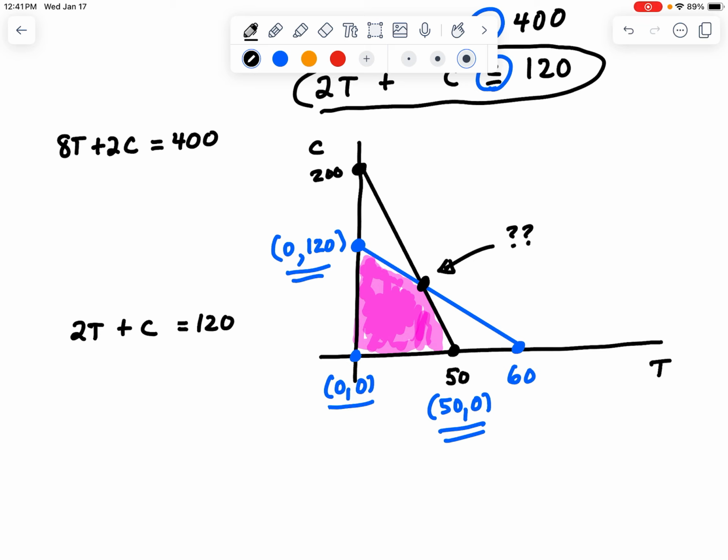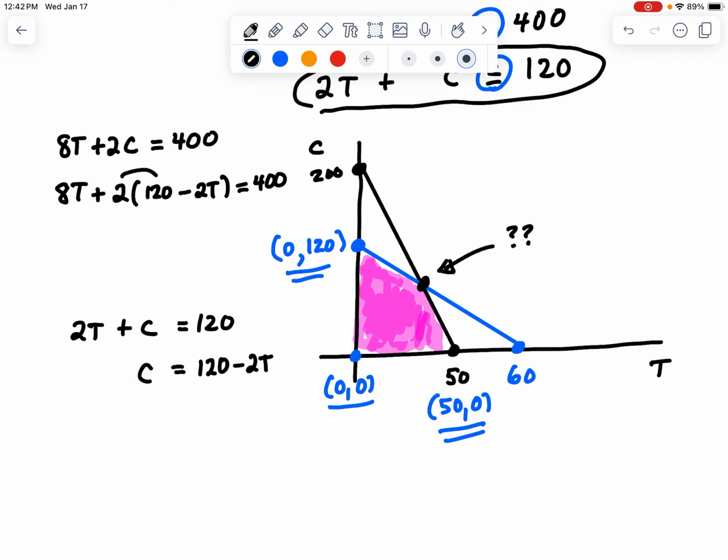So what I could do is on the bottom equation, I could solve for c, so just subtract 2t, so that's going to be 120 minus 2t, and then take that and substitute it into that equation. So that equation would look like 8t plus 2 times, and then replace c with 120 minus 2t, and then that equals 400.